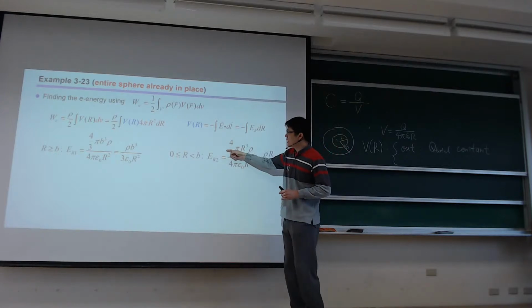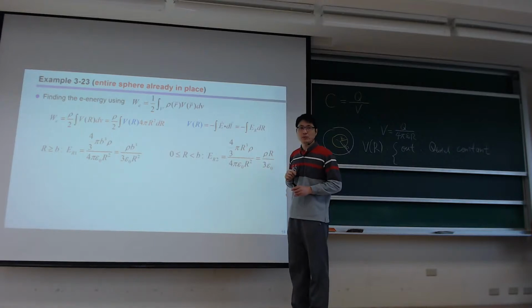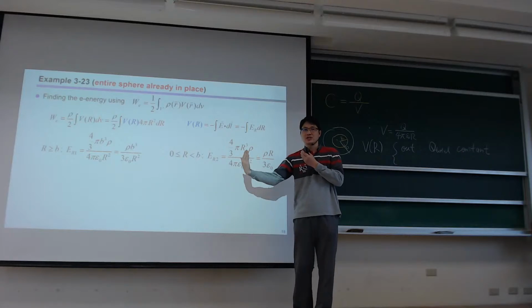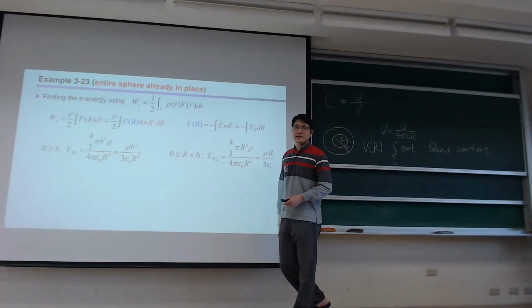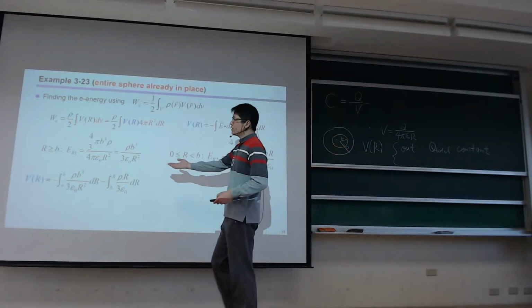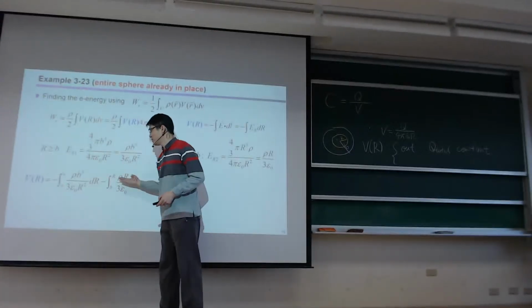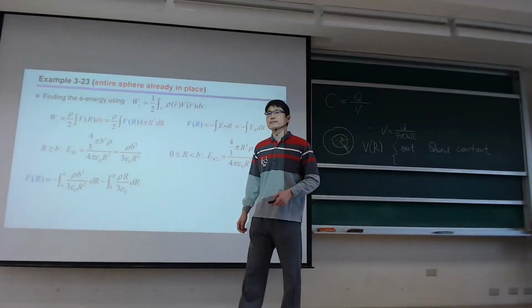So it is the volume, but now the volume is distance dependent, multiplied by rho. So you have to separate into these two different regions, outside and inside. And therefore, in your electric potential, you have to have two different regions as well, right?